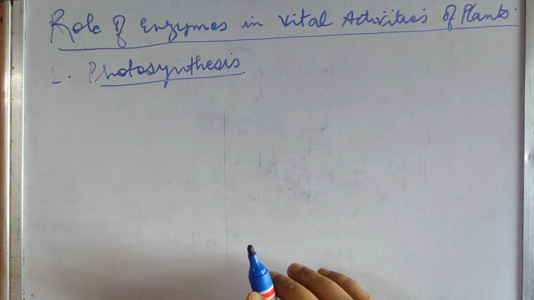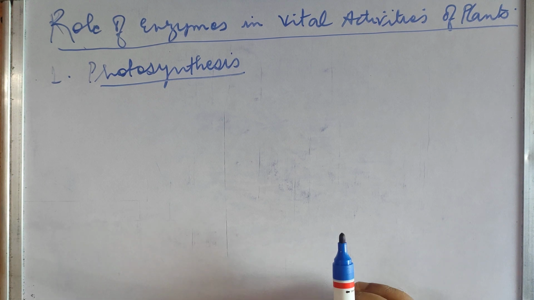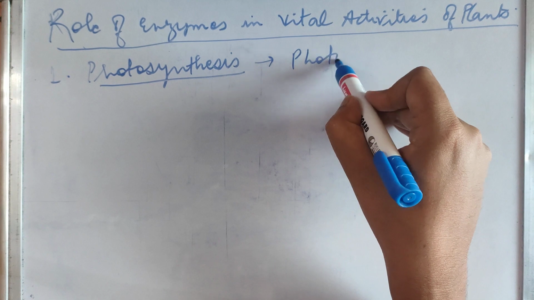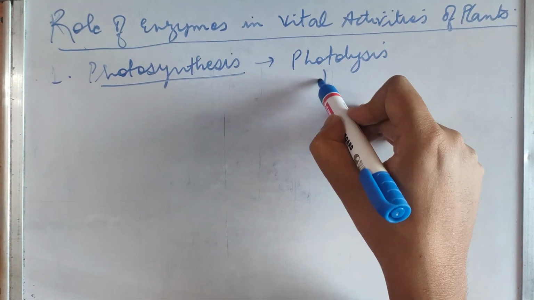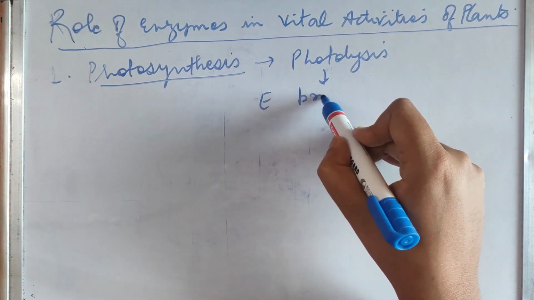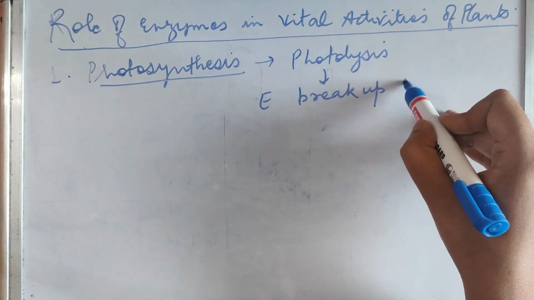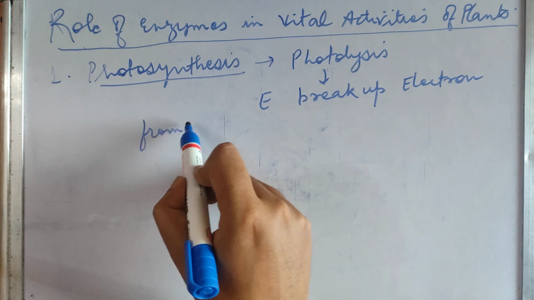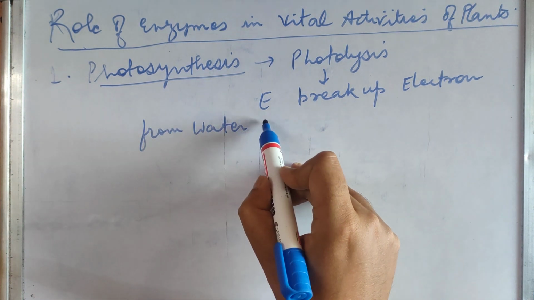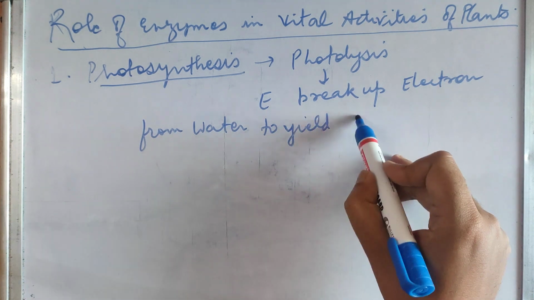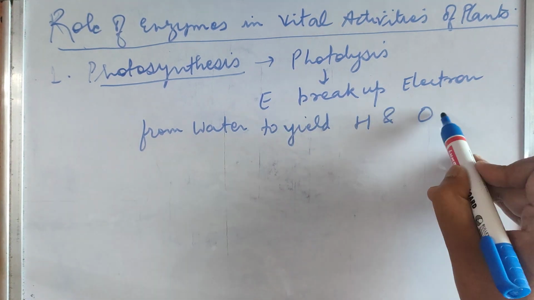During photolysis of water, enzymes break up electrons from the water molecule to yield hydrogen and oxygen.